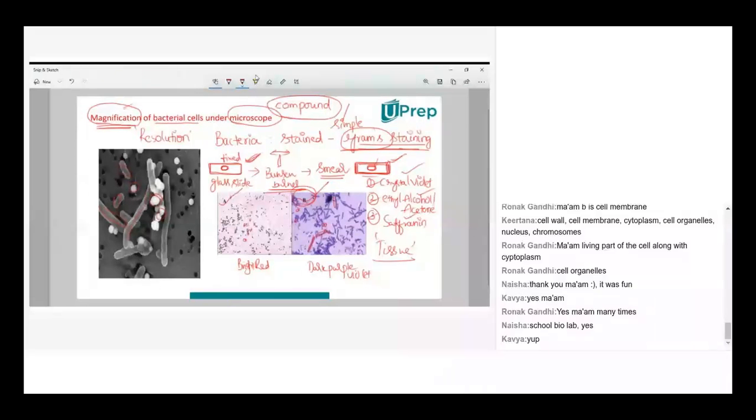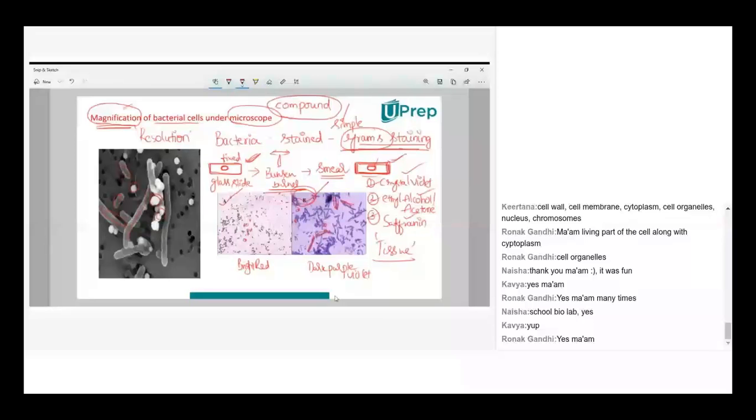This is how you can look under a microscope if you stain on a glass slide. You just took a fresh water drop and this many bacteria you can observe. So here, these bright red bacteria are called gram-positive bacteria. And dark purple bacteria are called gram-negative bacteria.